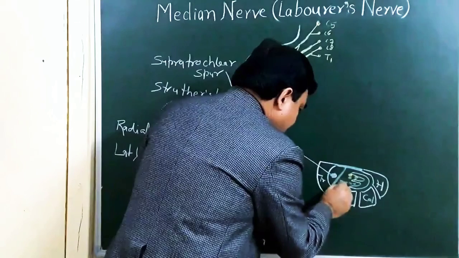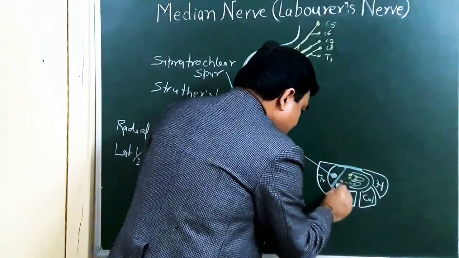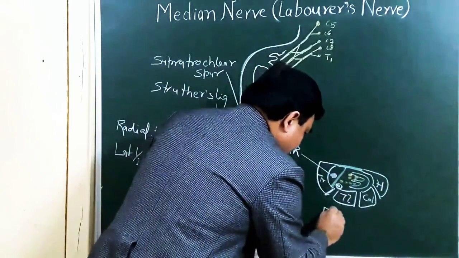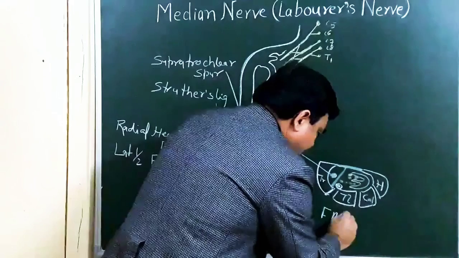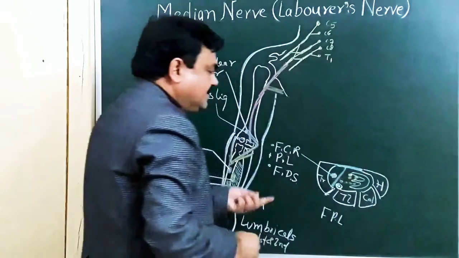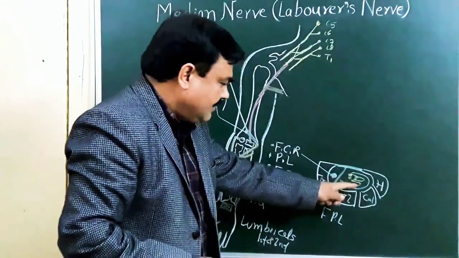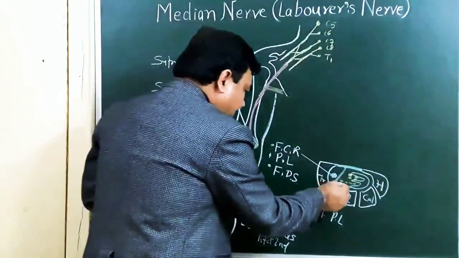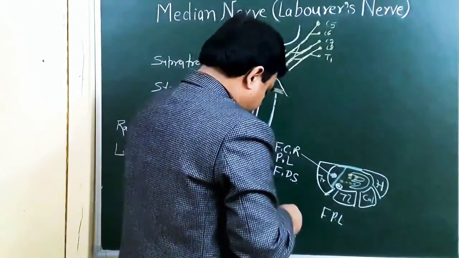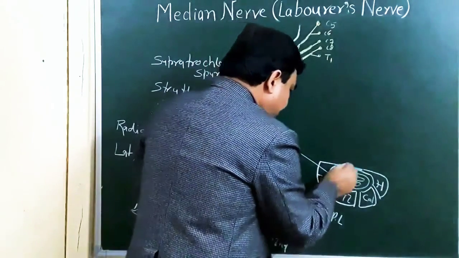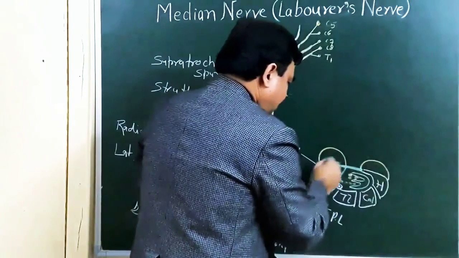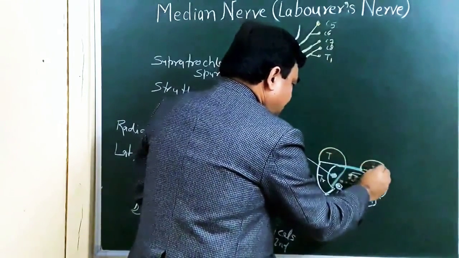Here is the tendon of flexor pollicis longus, which passes through a sheath. This is the radial bursa. Here is the thenar muscle and here is the hypothenar muscle.